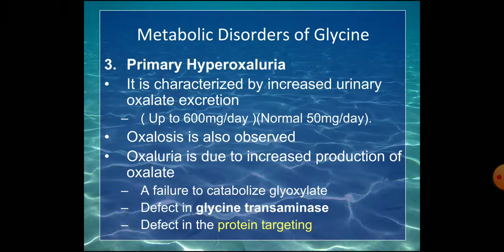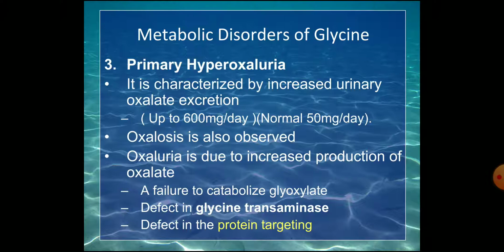Its main action takes place in the peroxisomes of the cell, but here, due to the defect, this enzyme, glyoxylate aminotransferase, is transported to the mitochondria of the cell, so it is not active. Once it reaches the mitochondria, it is inactive and remains as such, so the glyoxylate is not able to convert back to glycine.